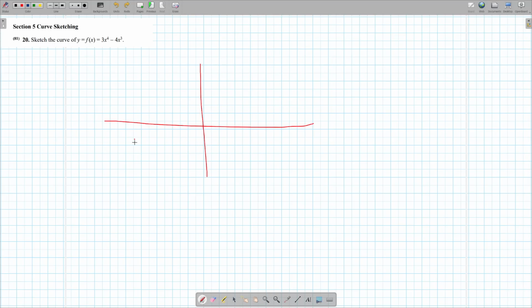Also, he's going to look at whether your graph is going up or going down. Also, whether your graph is concave up or concave down. Concave down would be like this, concave up would be like this. You check concavity, you check your stationary points.